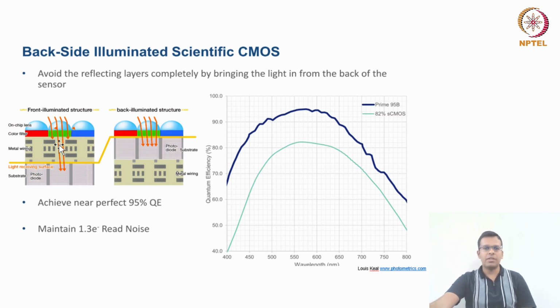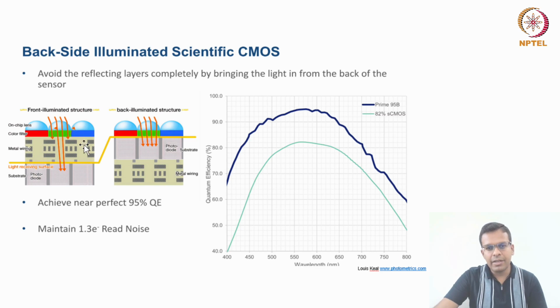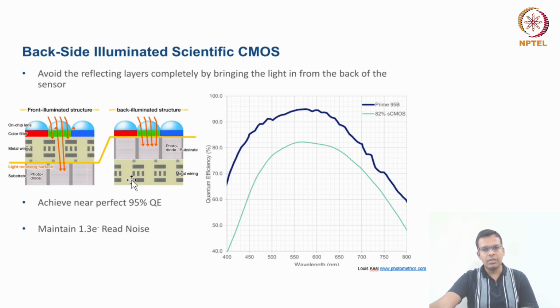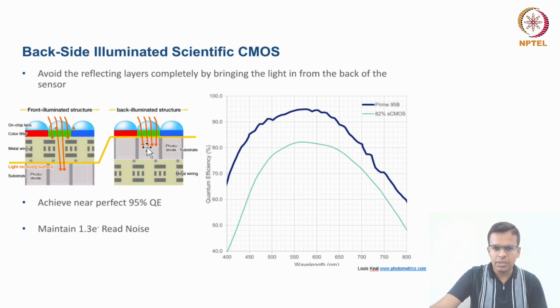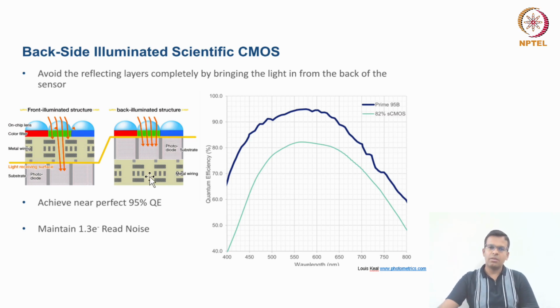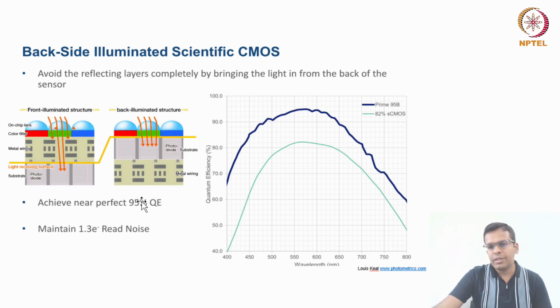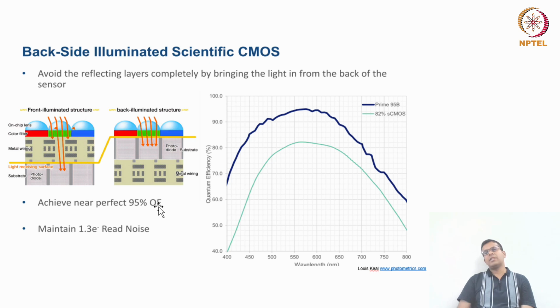And this is known as the front illuminated structure, in which the metal wiring is on top of the light reactive surface, and that's why not all the photons can reach the detector, whereas here all the photons can reach the detector because the metal wiring is on the back side of the camera. And this kind of camera can obtain 95% quantum efficiency, meaning they can convert 95% of photons into electrons. And these days the Prime 95B, Prime BSI SCMOS cameras offer 95% quantum efficiency because of the back illumination.